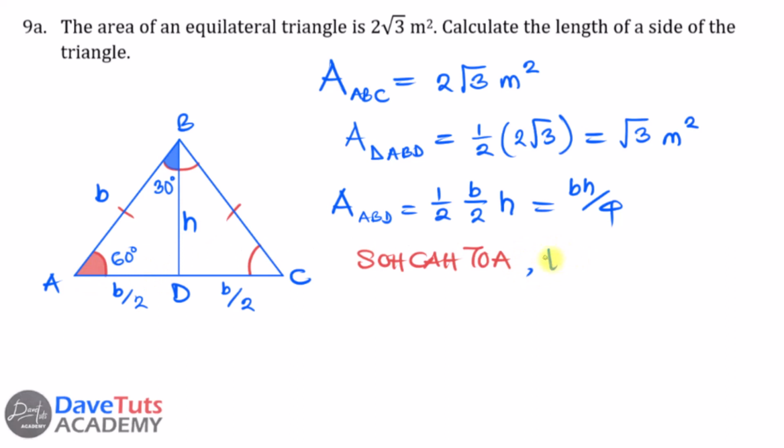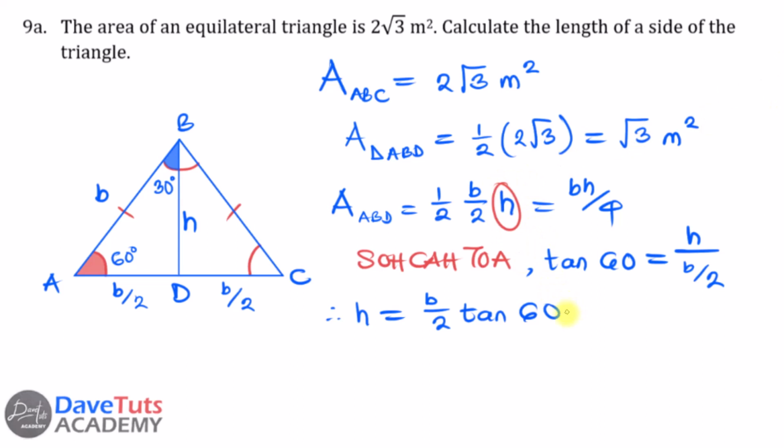So I can say tan 60 is equal to the opposite, h, over the adjacent, b over 2. Therefore h that I'm looking for is b over 2 tan 60. So that means I can use that value of h in this particular case. Instead of saying h, I have it as b over 2 tan 60.